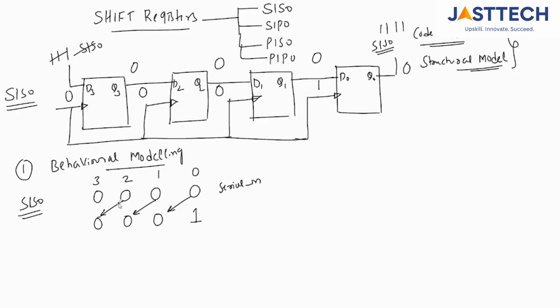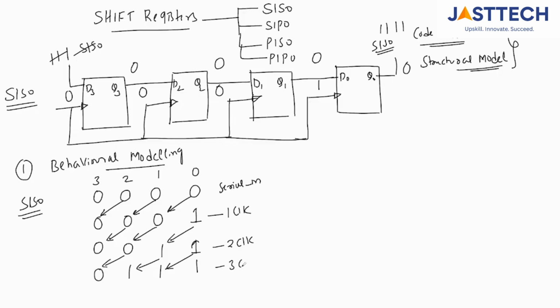Now this is for one clock cycle, the first clock cycle. In the second clock cycle, what happens? Whatever the vacant position is, you load it with 1, and this 0 will come here and this 0 will come here. This is the second clock cycle. In the third clock cycle, again 1 will be loaded and the rest will be shifted, and you get 0 over here.